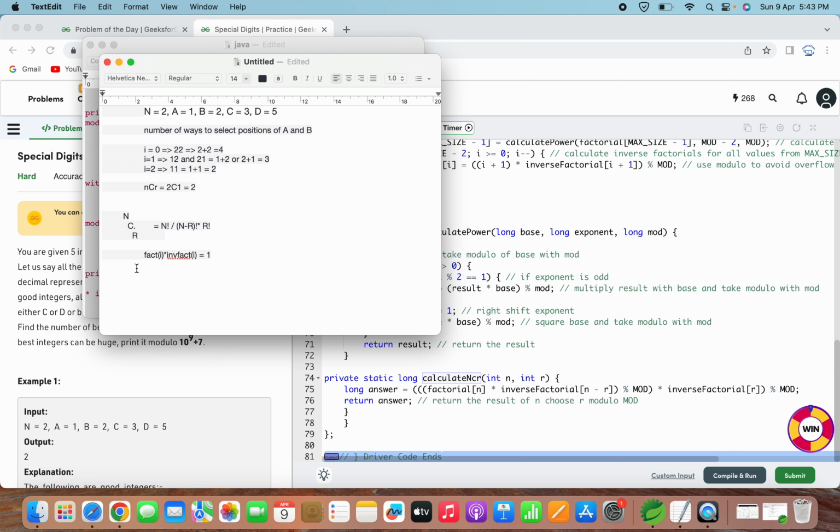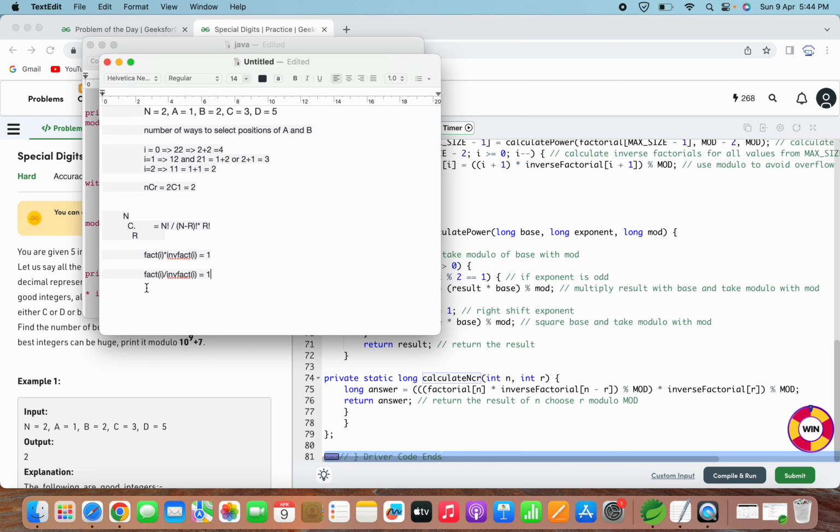So what exactly is that? It can be considered as fact of i divided by inverse fact of i.